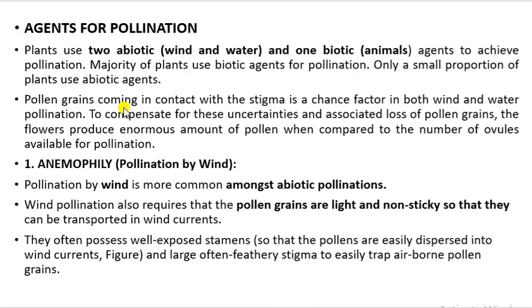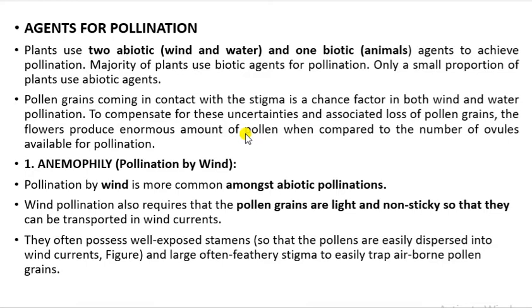Now, pollen grains coming in contact with the stigma is always a chance factor. It is not necessary that a pollen grain, when shed from the anther, directly comes in contact with the stigma. So it happens by chance in both wind and water pollination. As a result, to compensate for the associated loss of pollen grains, the flower produces an enormous amount of pollen compared to the number of ovules, because it is not necessary that a pollen grain shed from the anther will come in contact with the stigma.